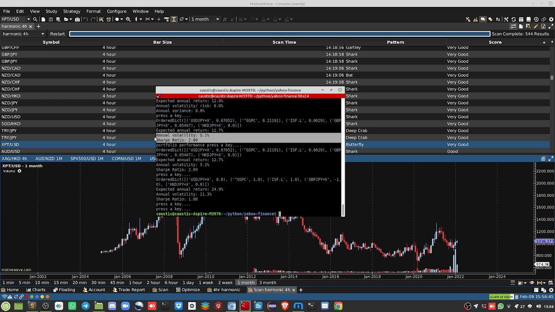This one's probably the more accurate one: 5% annual with a decent Sharpe ratio of 209, which is considered pretty good, and the annual return of 12.7. When you look at what's happened in January, this is all factored in, and it's all across the 3 time frames of daily, monthly, weekly.